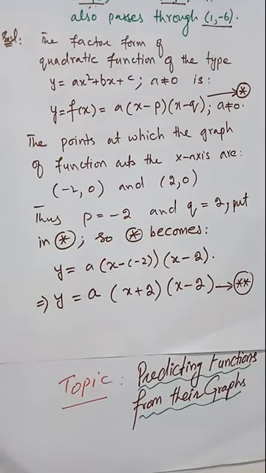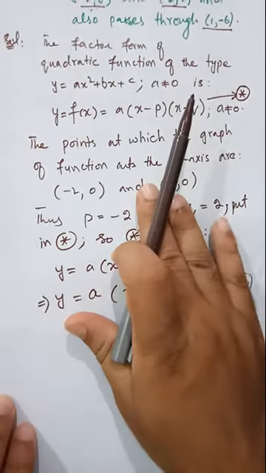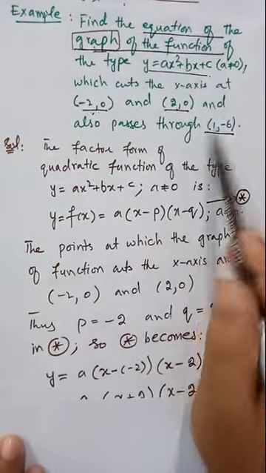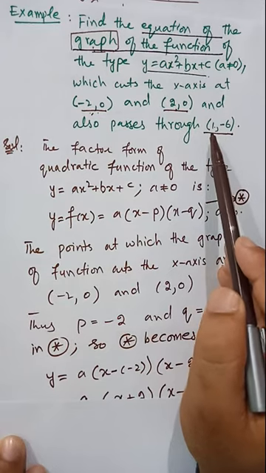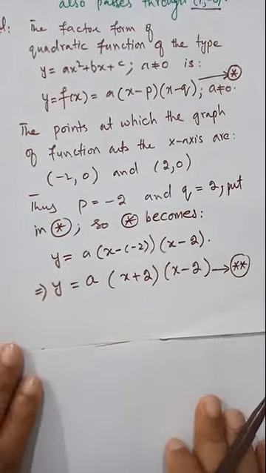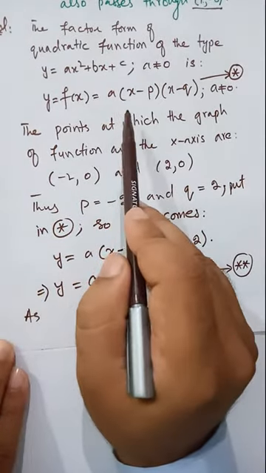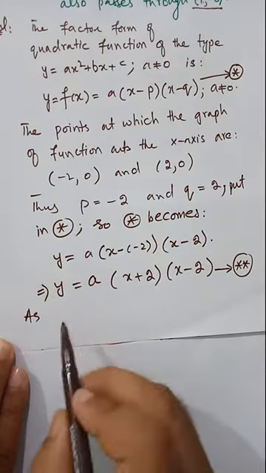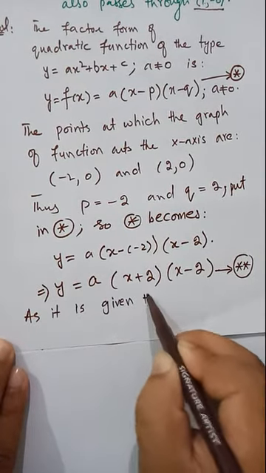Another piece of information given in the question is that the point (1, -6) passes from this point, meaning the graph of the given function passes from this point. So a is, this is your given function, because we are using the factorized form.